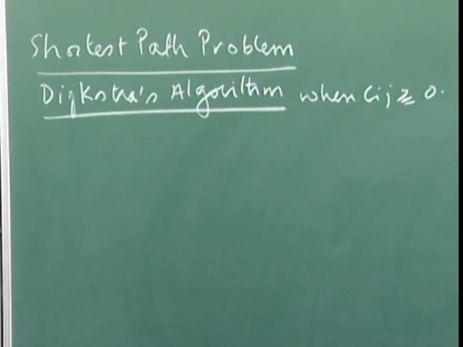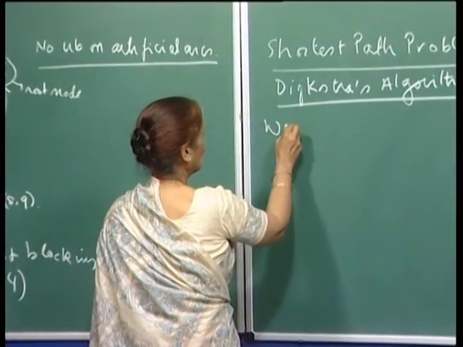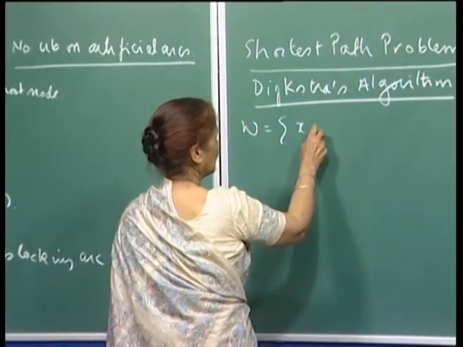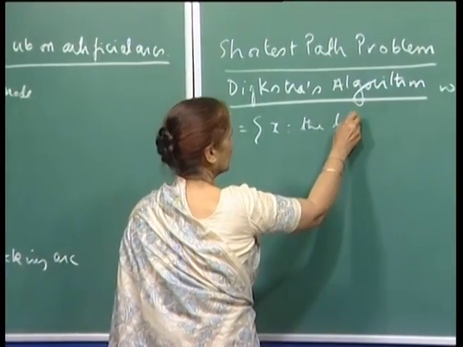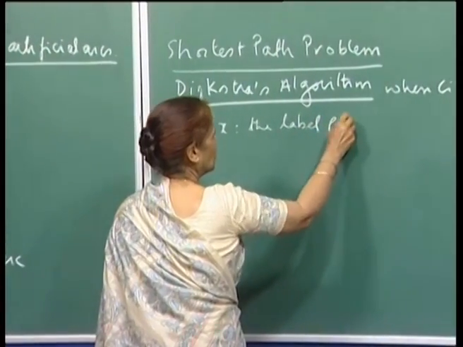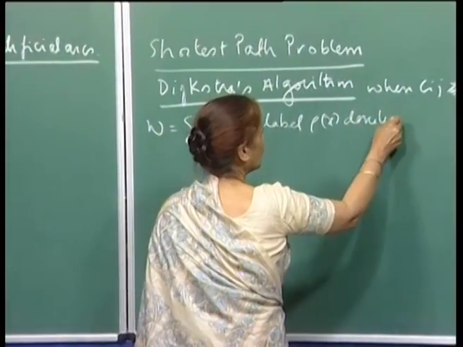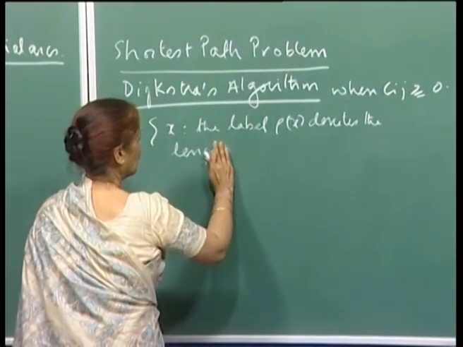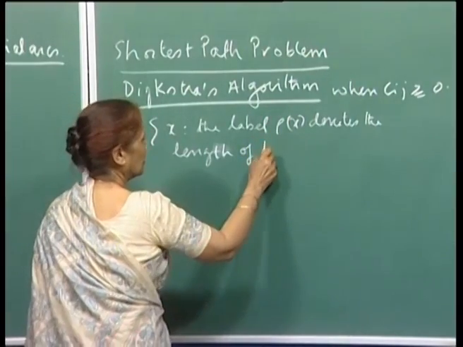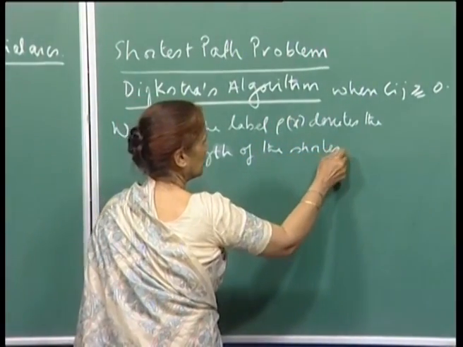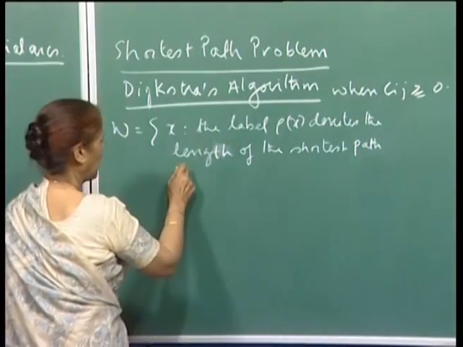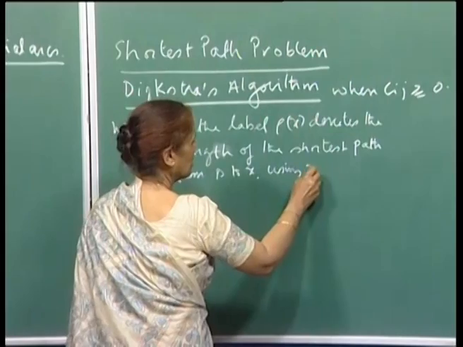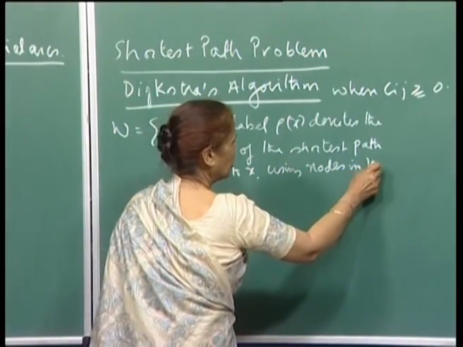Dijkstra's algorithm says that you define a set W of nodes X such that the label rho X denotes the length of the shortest path from S to X using nodes in W only.